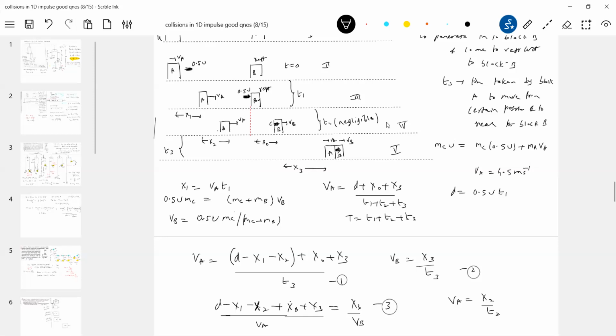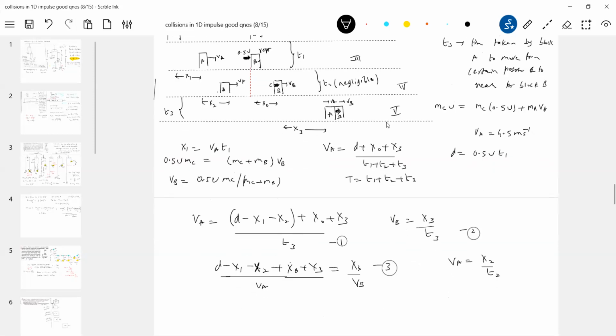So I look at the accelerated motion of block B. Can we calculate the acceleration of block B? For block B, there is the acceleration, for the interval of time T2.